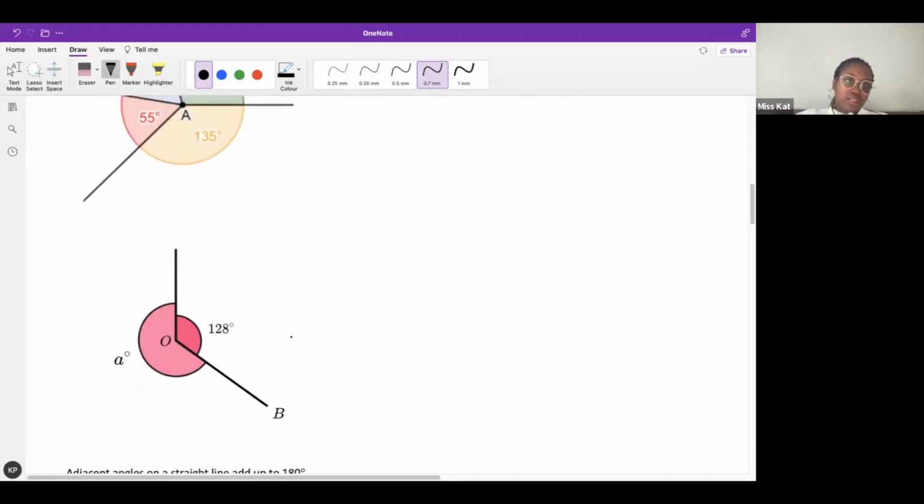Okay, so let's test if we are understanding this. If this angle on my right is 128 degrees, there it's written, how much is A? 232. How did we get it?